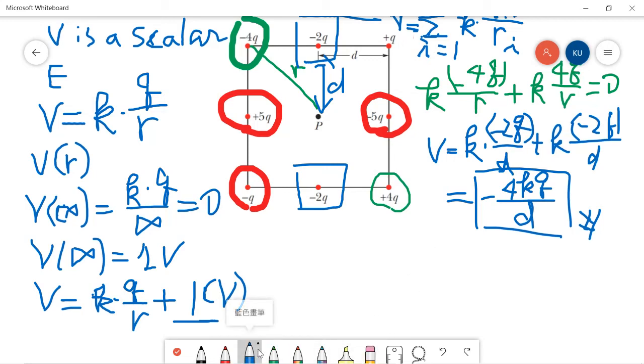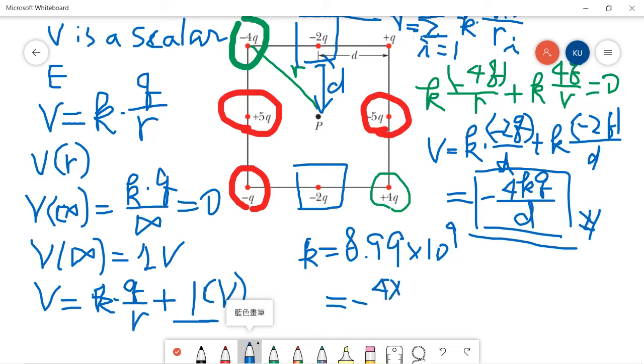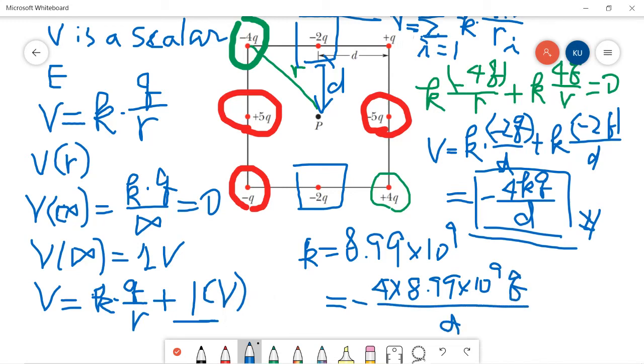Yeah, the final point I really want to mention is that for this answer, if you already substitute the value of K, which is actually 8.99 times 10 to the 9, if you write it into the answer, it will be something like 4 times 8.99 times 10 to the 9 Q over D. Then it will be something like 3 point something times 10 to the 10 Q over D.